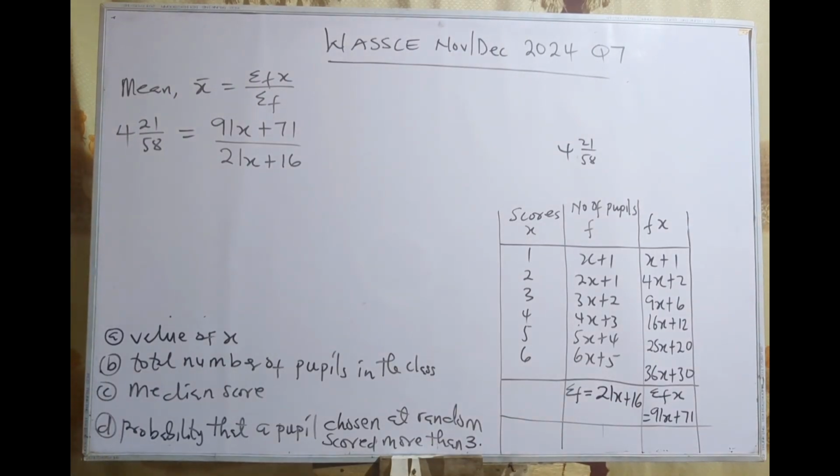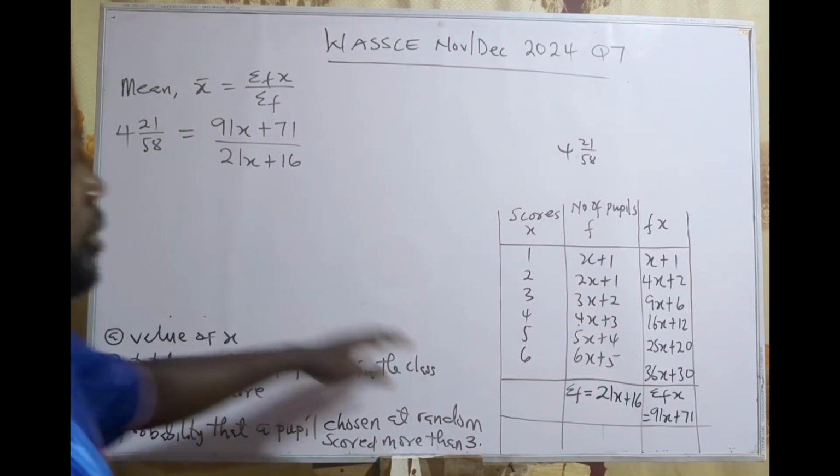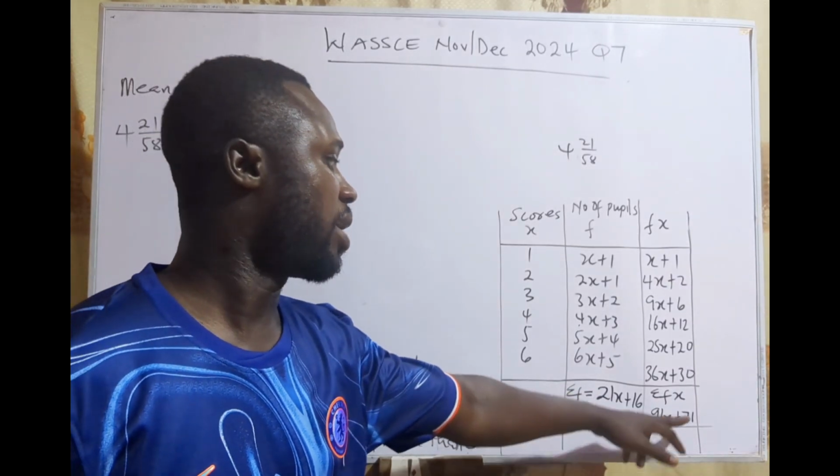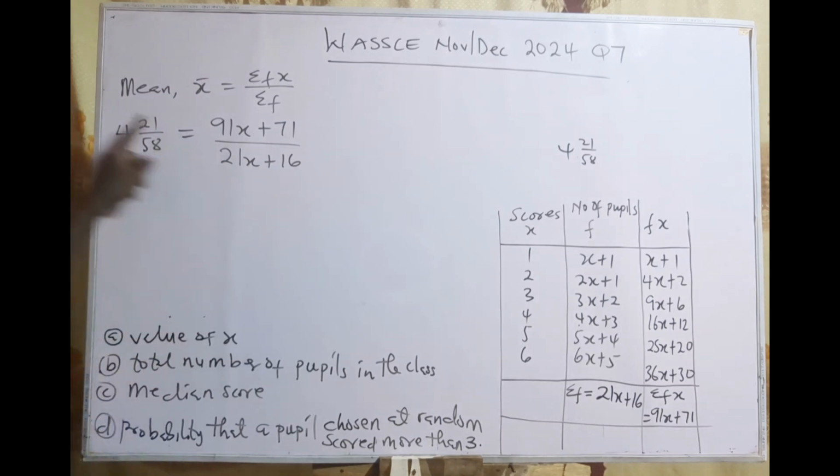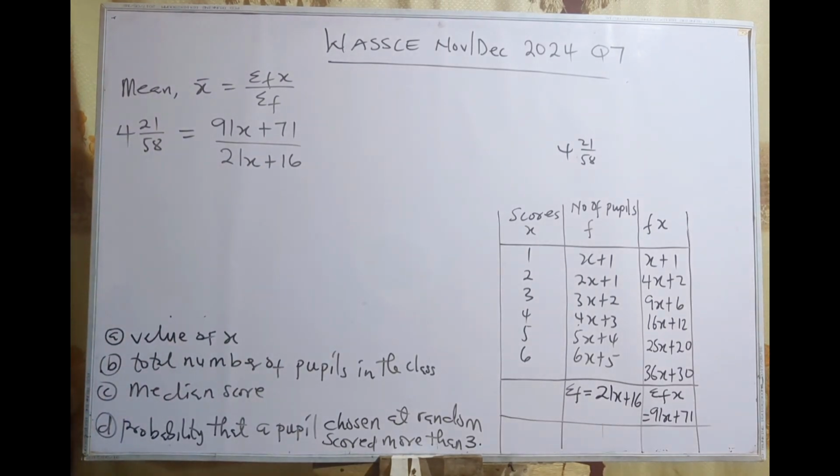So this is what we are going to have. This is the mean, sigma fx over sigma f, and the mean is equal to 4 21/58. Alright, so let's check what 4 21/58 is.